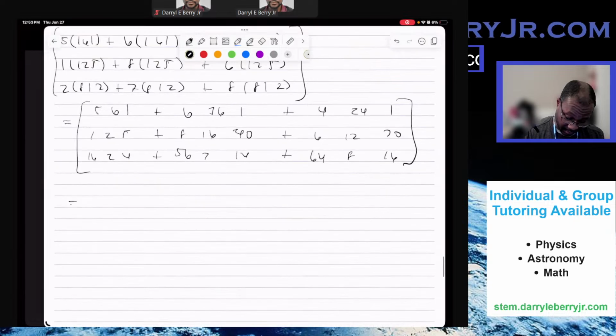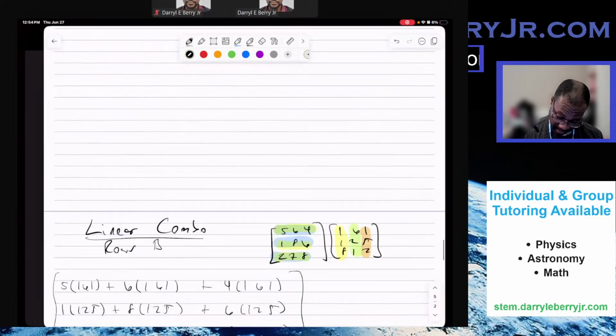All right, so that should equal, I'm going to add all the way across. So these are all basically row vectors, like so. It looks like I did something wrong.